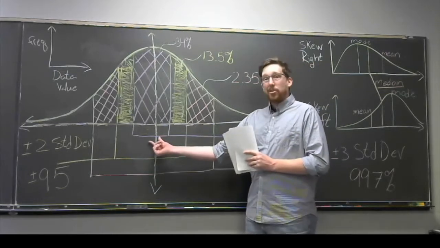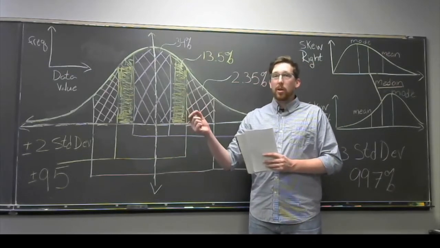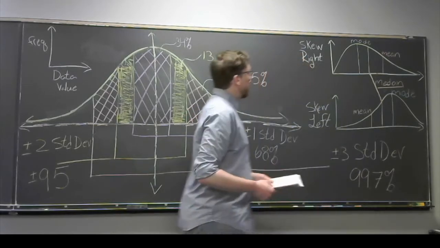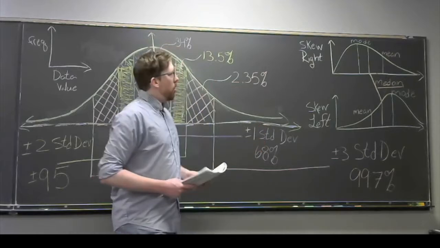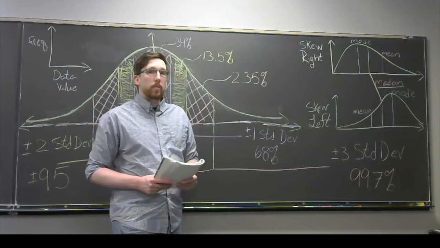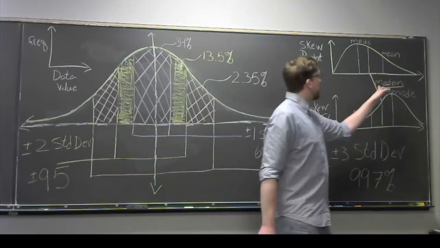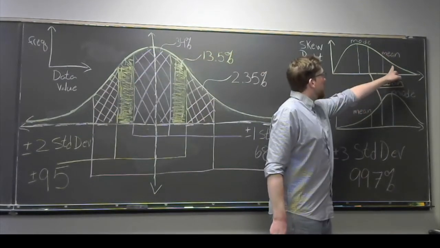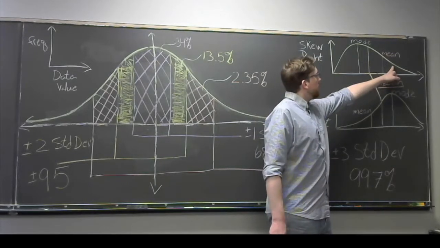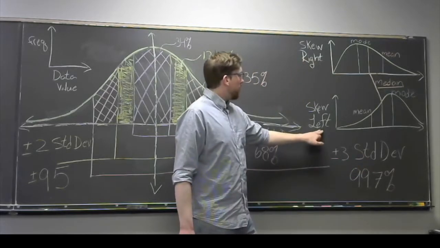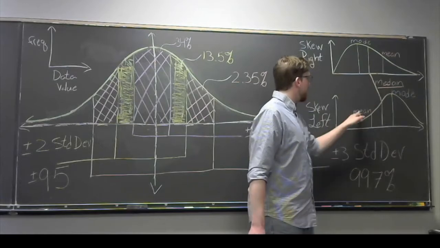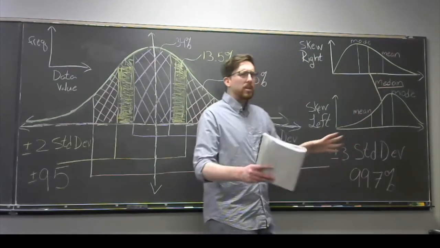In the case that it's symmetric, they're going to be arbitrarily close to each other, all three of those values. In the case that our graph is skew right, we're going to notice that the median is to the left of the mean. In the case that it's skewed left, we're going to notice that the median is to the right of the mean.